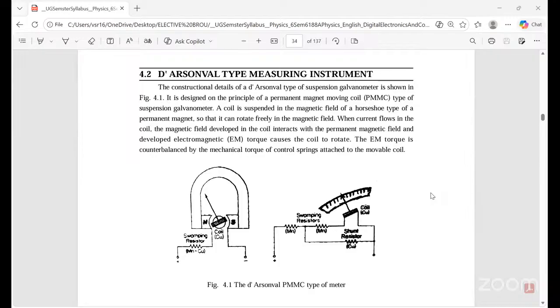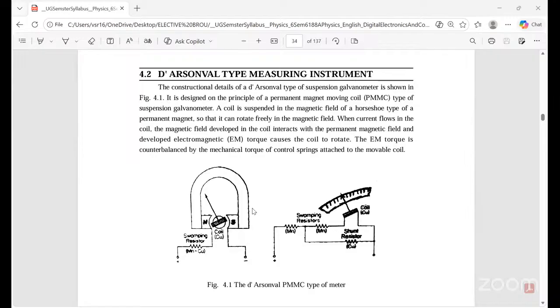Whenever a coil is suspended in the magnetic field of a horseshoe type of permanent magnet, this is the horseshoe type, the coil which is suspended in it, then the deflection is going to be developed.